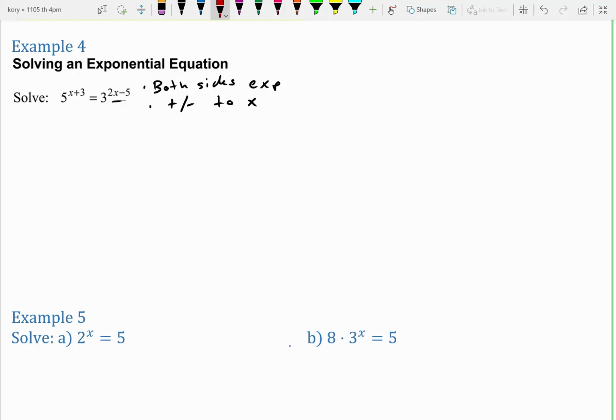My bad, sorry. So our first step is to do log or ln. Let's do ln for this one. So we have ln of 5 to the x plus 3 equals ln of 3 to the 2x minus 5.